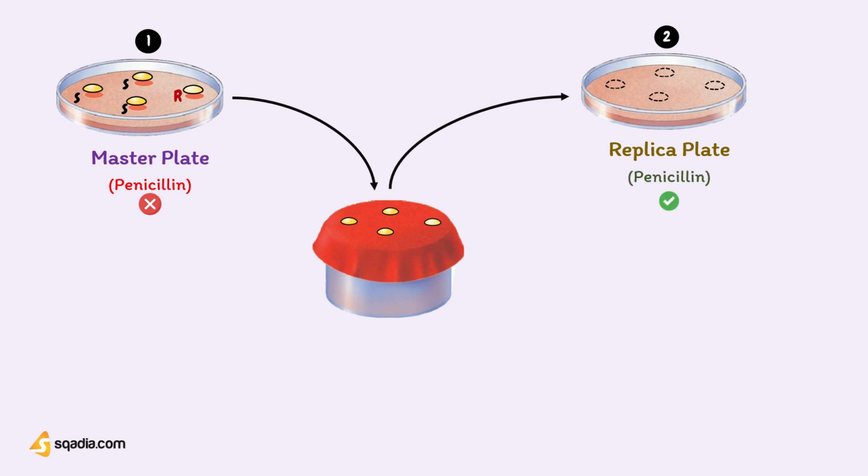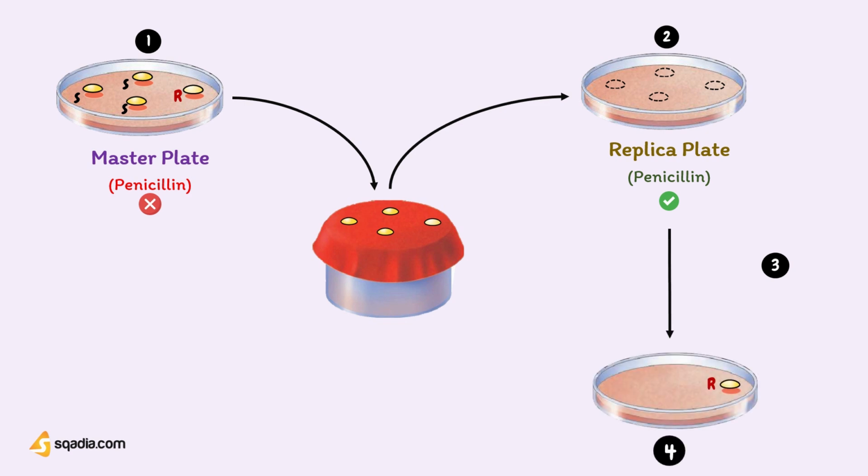The replica plate has penicillin in the medium. Then incubate the plate. Only penicillin-resistant colonies grow. Compare with the position of colonies on the original plate. So, the conclusion is that pressing a master plate onto a velvet surface transfers some cells from each bacterial colony onto the velvet.